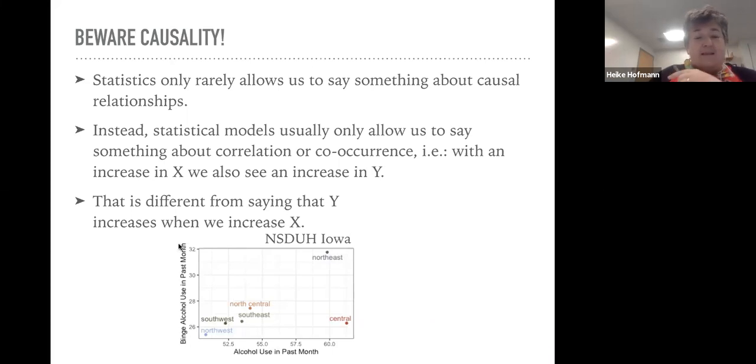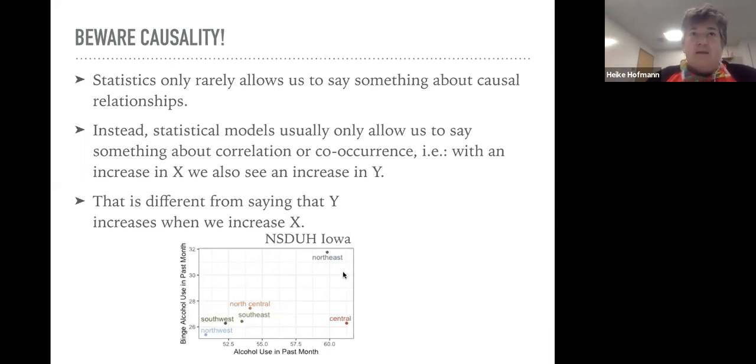And on the y-axis, we have responses of participants that reported to have binge alcohol use in the past month, so above a certain quantity in alcohol, different for men and women. And what we see is generally a positive linear relationship, particularly strongly if we don't look at central, but even with central, we have a positive linear relationship between alcohol use in the past month and binge alcohol use in the past month.